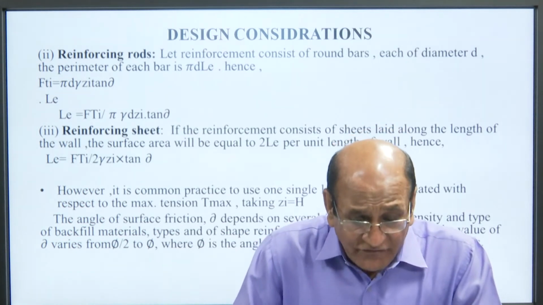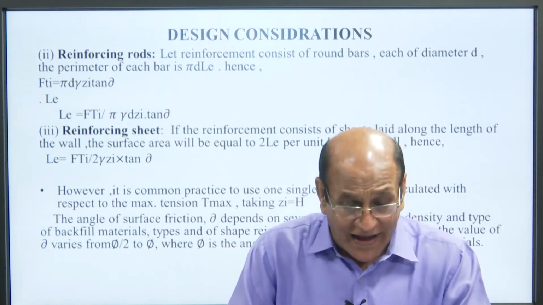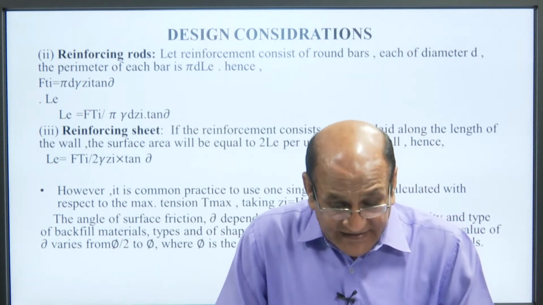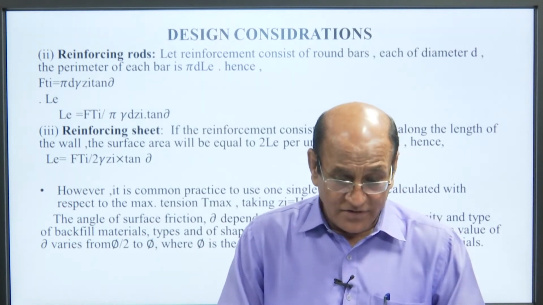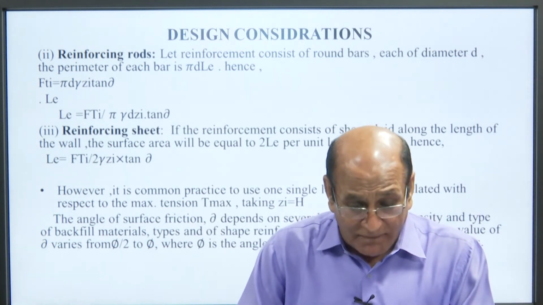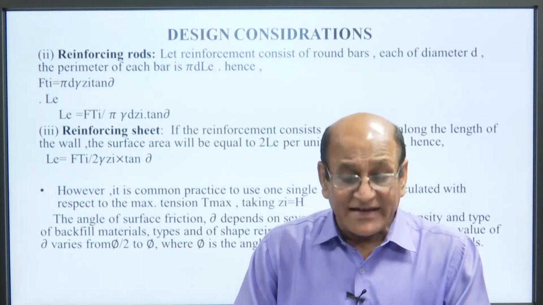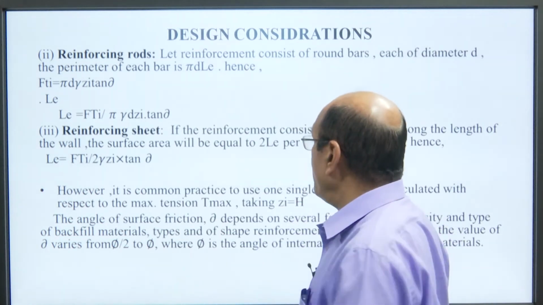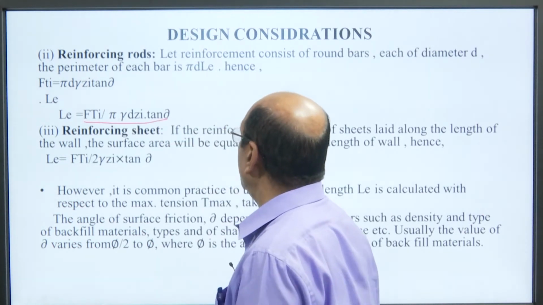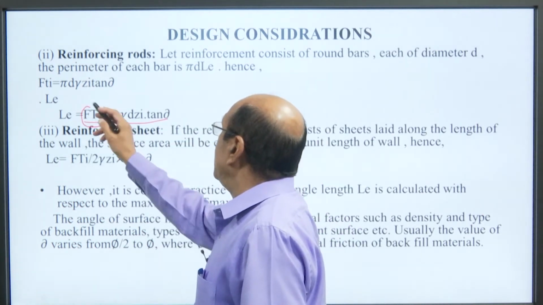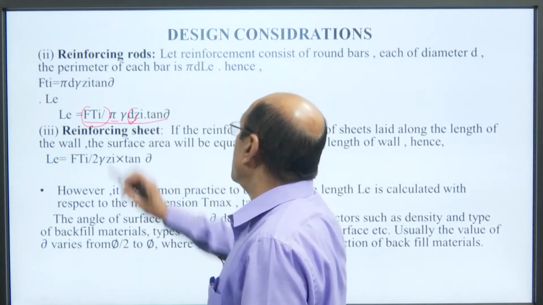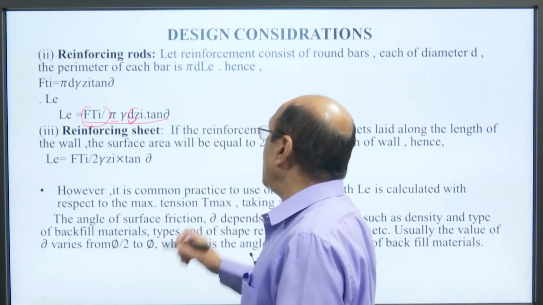Hence, F T i is equal to pi d gamma Z i tan delta. So, L E will be equal to F T i divided by pi gamma d Z i tan delta, where d is the diameter of the rod.